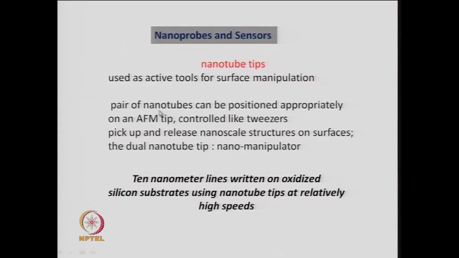So, what you are doing is you are manipulating the molecule on the surface. So, this is called nano manipulation using carbon nanotubes as tips.